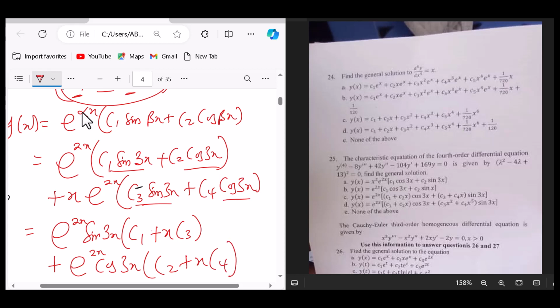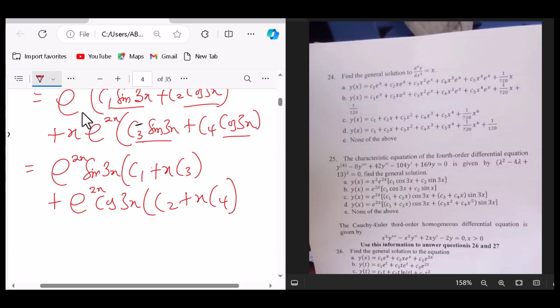If you take your time to check, I think the answer there will be C. So yeah, the answer there will be C, because after all they factorized e power 2x out, which is common to both, and that's true.